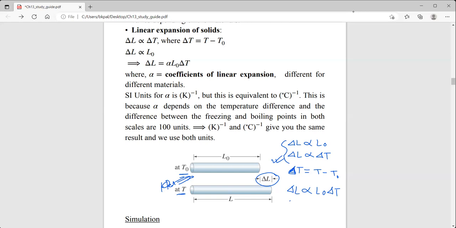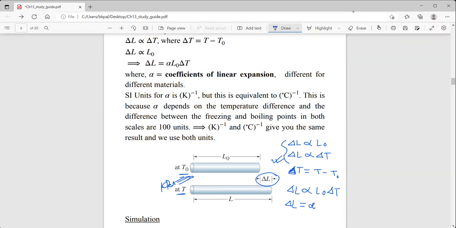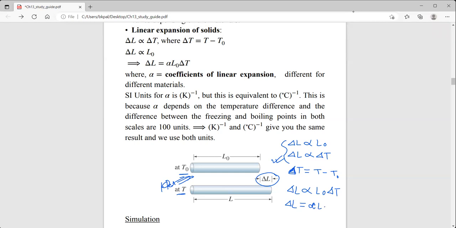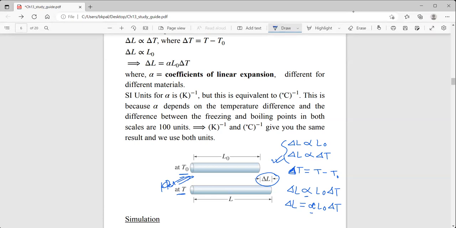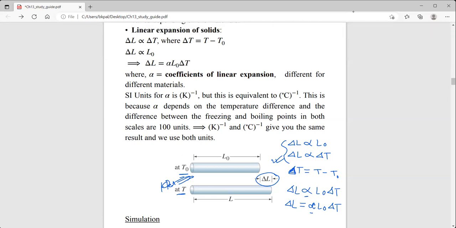But if I want to write an equation, I need a proportionality constant, and the proportionality constant here is alpha. Do not confuse the proportional sign and alpha. These are two different things. Alpha here is the proportionality constant, and it depends on the material.